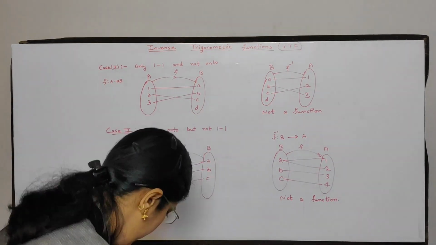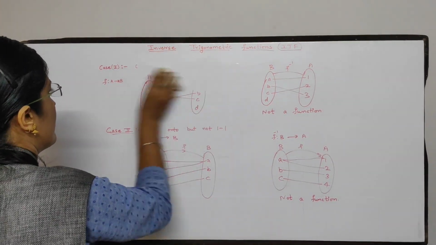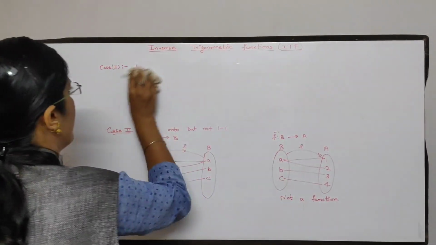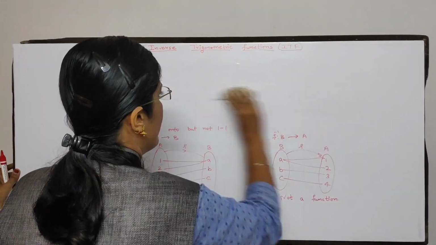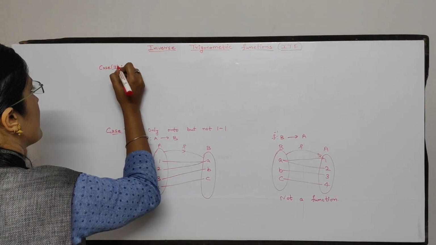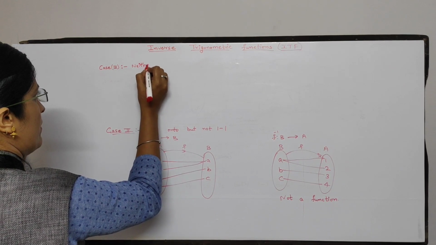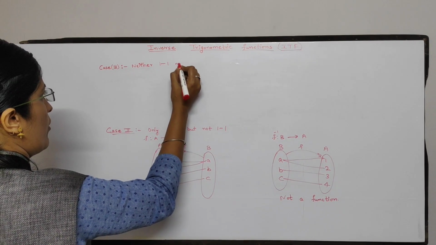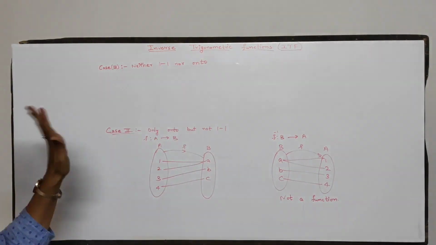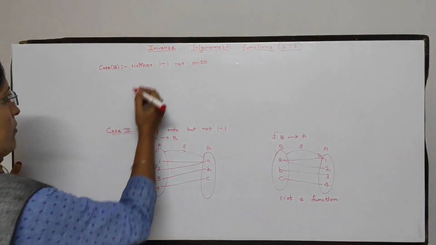Next. So let me take the third condition as case number 3. Neither 1-1 nor onto. So let us take it is not 1-1 and it is not onto. Okay.